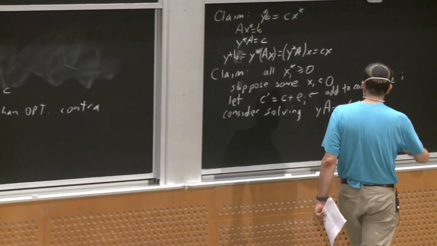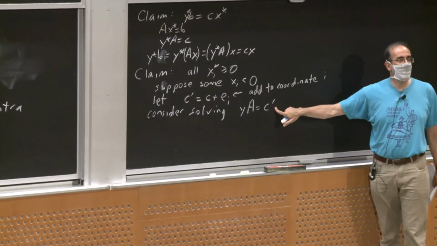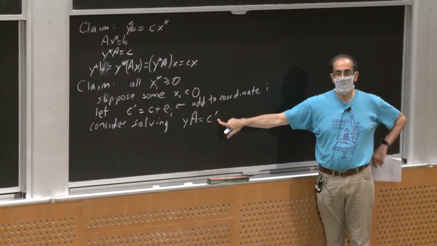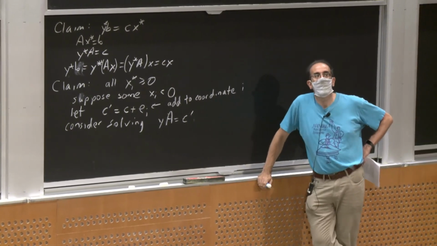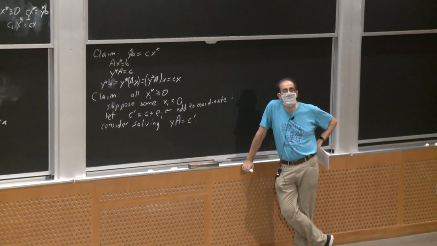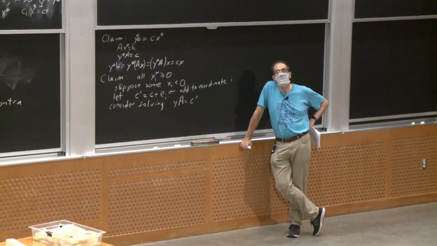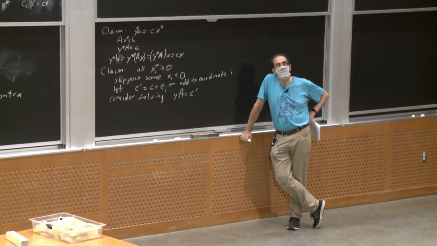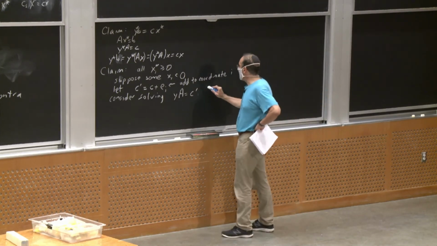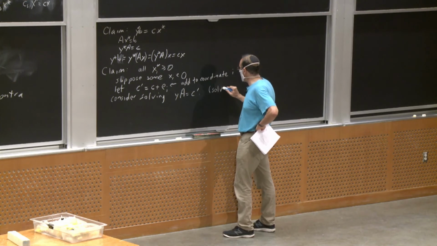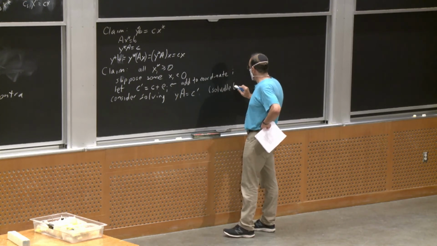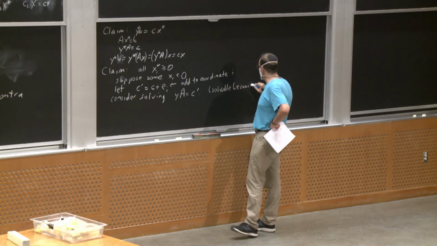Now, can I solve this? Do I know that there's a solution? I mean, not every linear system has a solution. Well, in this case, I can because of the way I chose the columns of A. Remember that I said that A has full column rank.